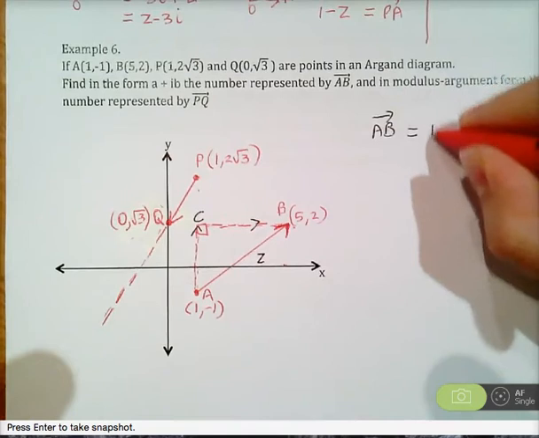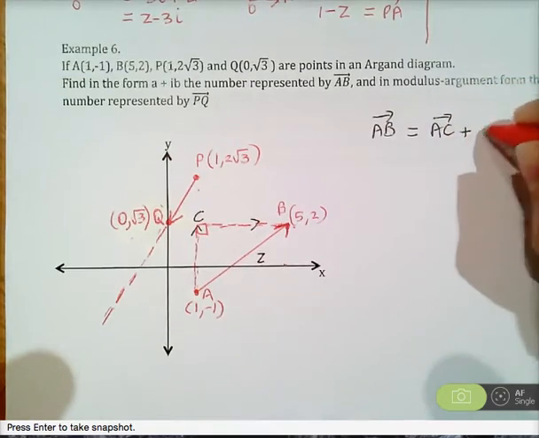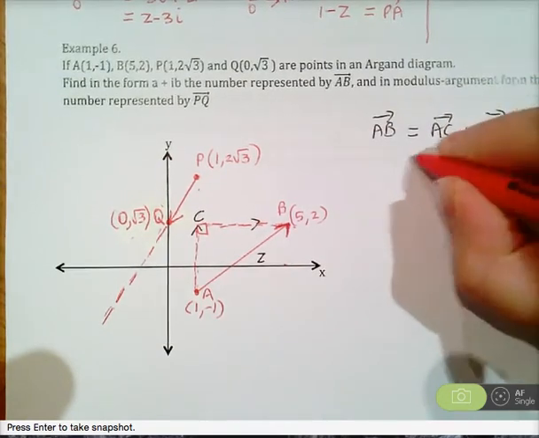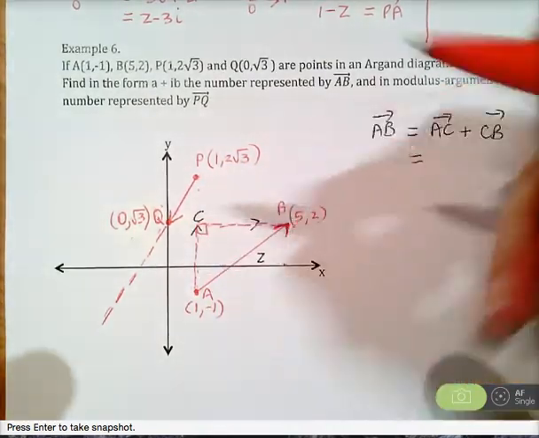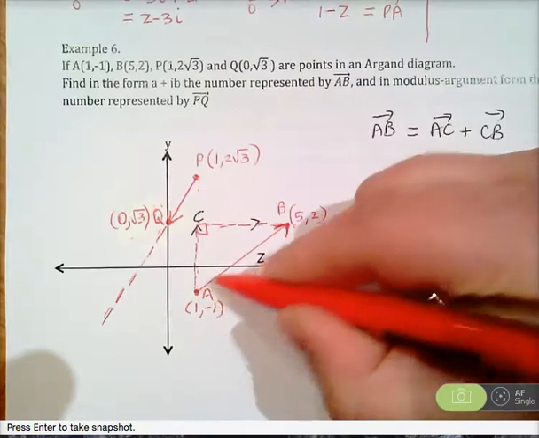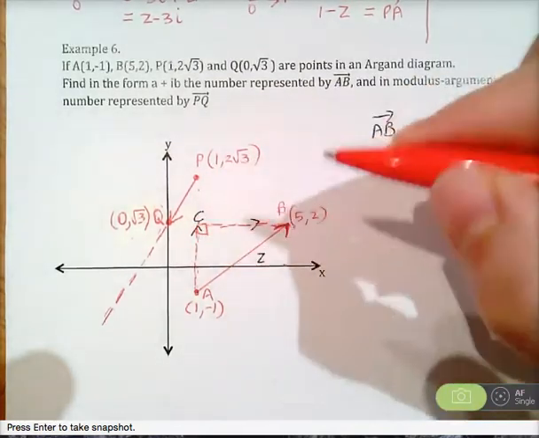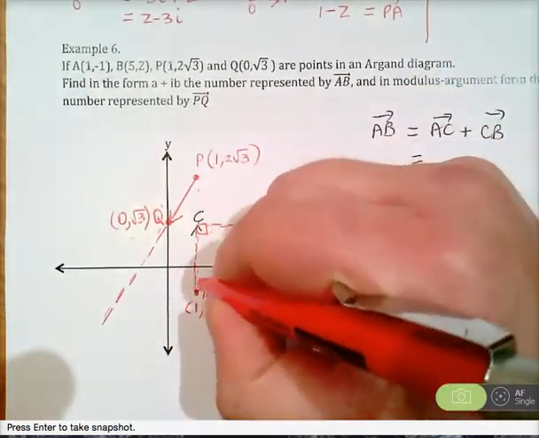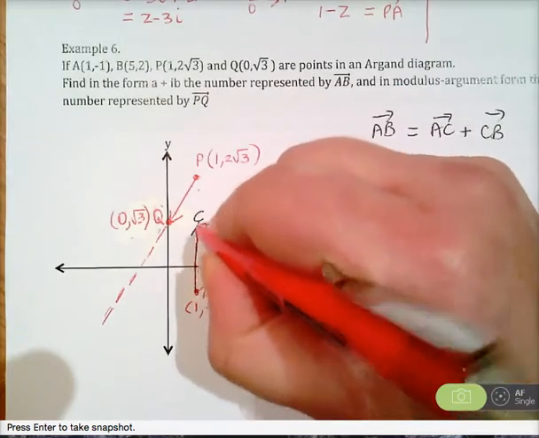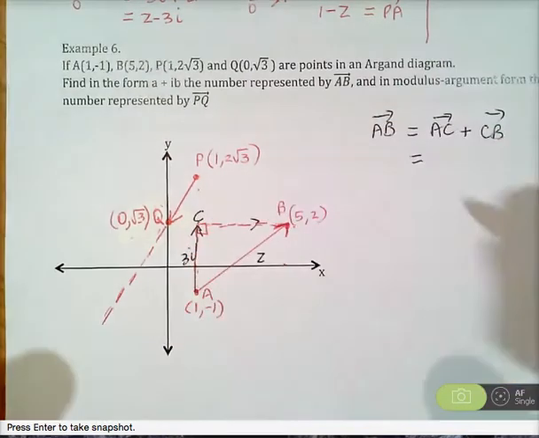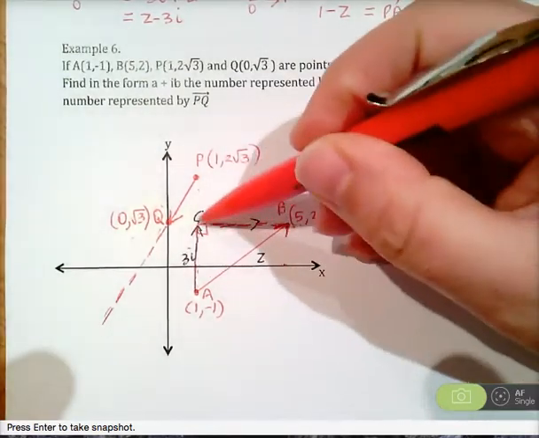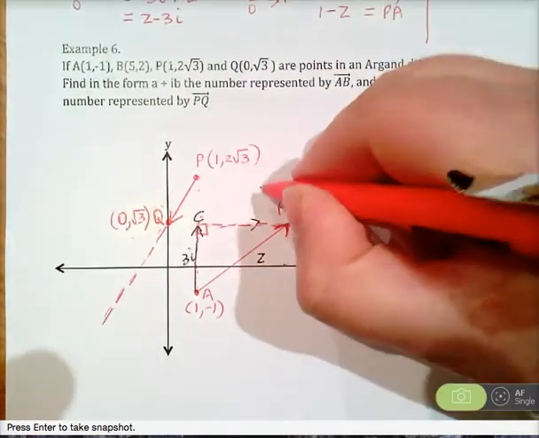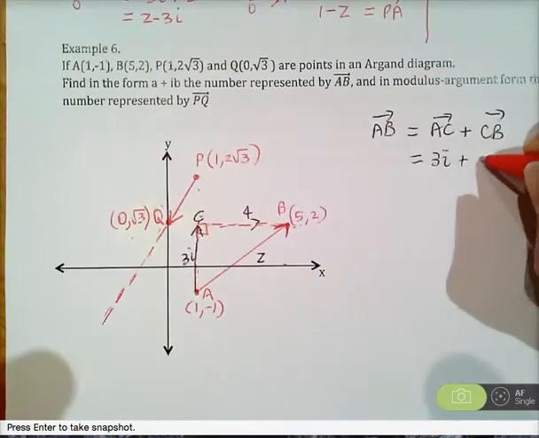Now, if we look at vector AC, C is across just from B, and the distance from A to C is 3 units up the imaginary axis. So from A to C is 3i, and the vector from C to B, we're going from 1 to 5, so it's 4 units across the real axis in the positive direction.